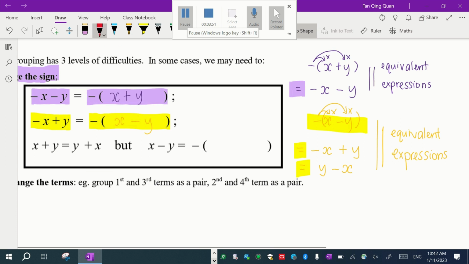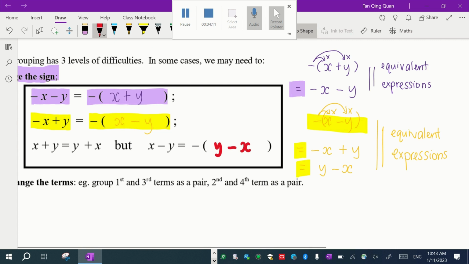For the third point, although x plus y equals to y plus x, x minus y will then not be equals to y minus x.